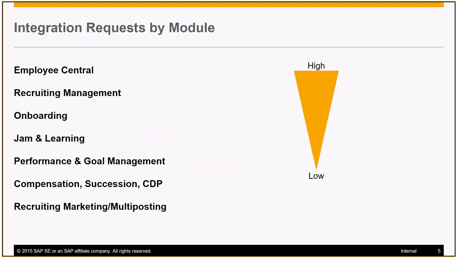So at the top of the list is, of course, Employee Central. I mentioned briefly that it is the system of record in the cloud. So there's a lot of need to feed the data into downstream third-party systems. Recruiting management, of course, many of you are working with that.